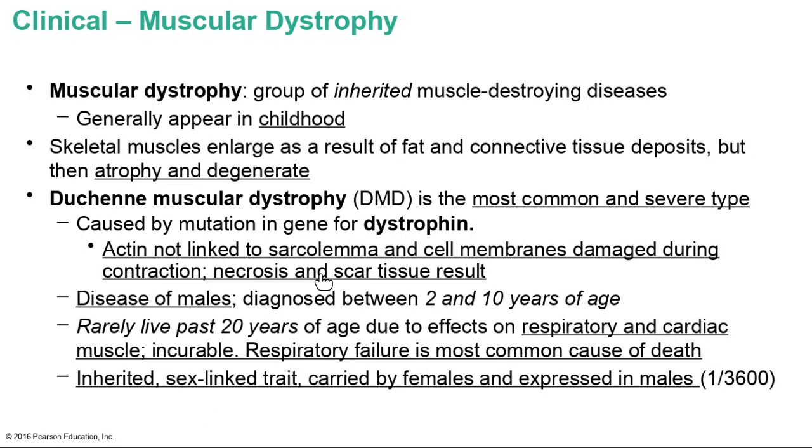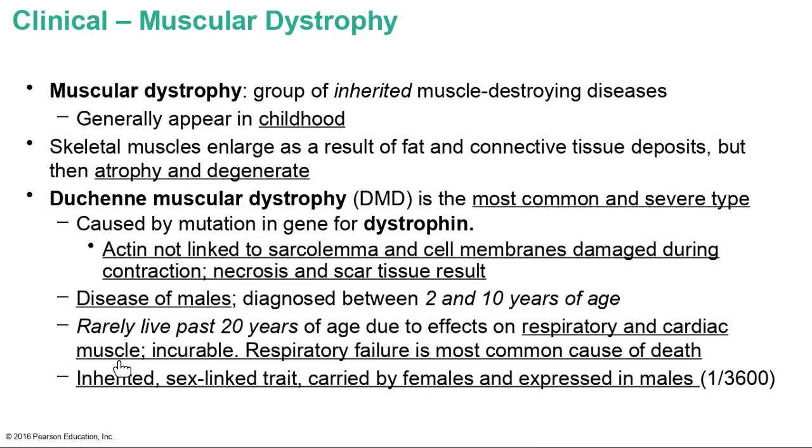The mother carries this mutated gene, but the mother does not express it. She's just a carrier. And if she has a son, okay, then she will pass that mutated gene on to her son. Okay, so it's sex linked because it's not random, right? It has to be that this is coming from the mother, first of all, and it's only going to go to her son or sons.